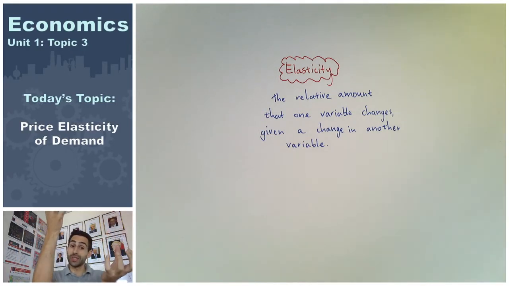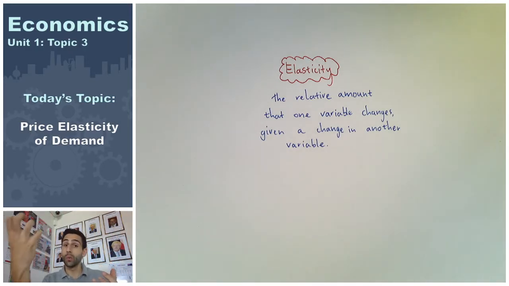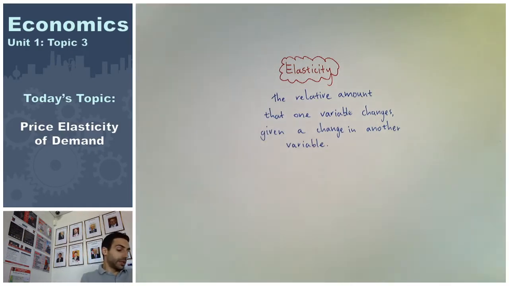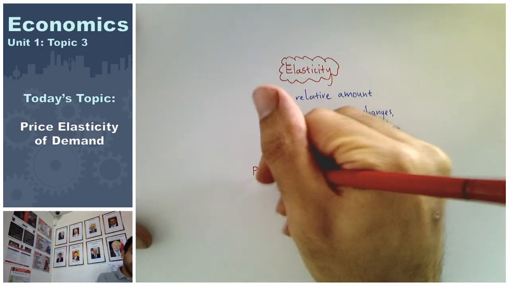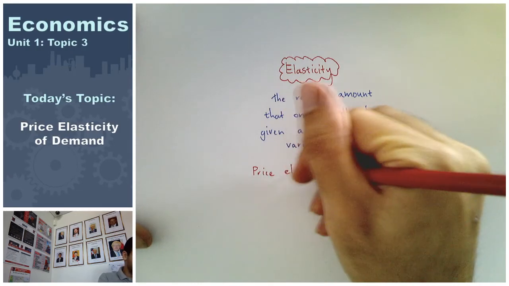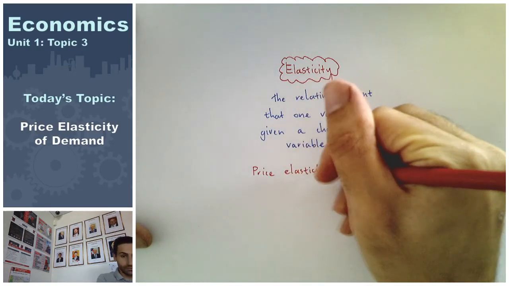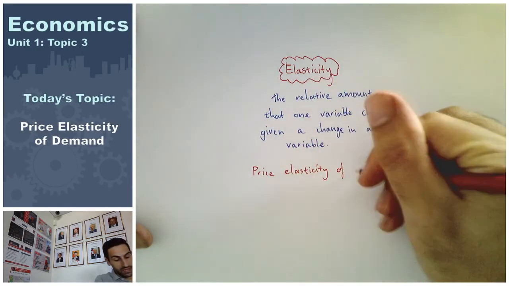When the price goes up, quantity demanded goes down. See, there's been a change in one variable, price, which has led to a change in another variable, quantity demanded. Okay, so that is price elasticity of demand.